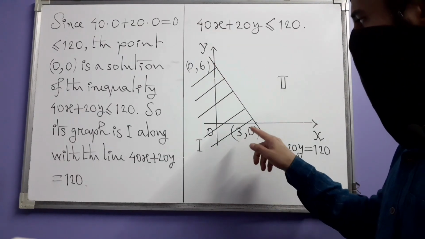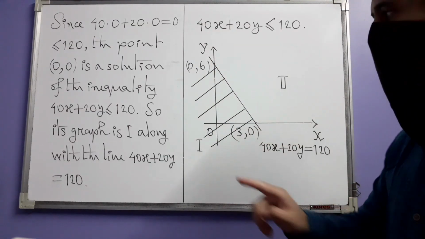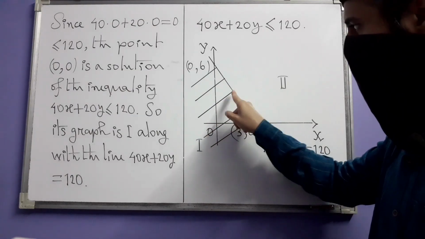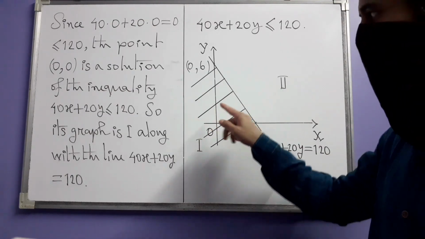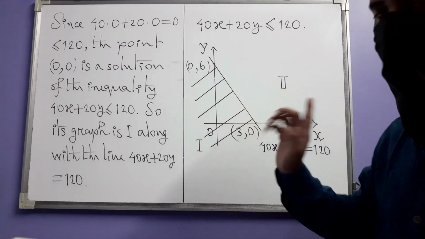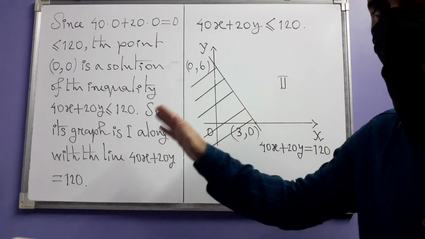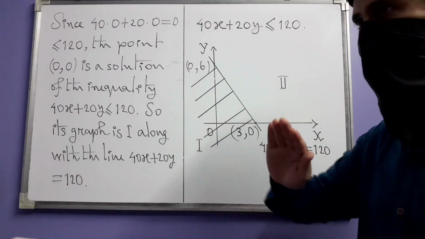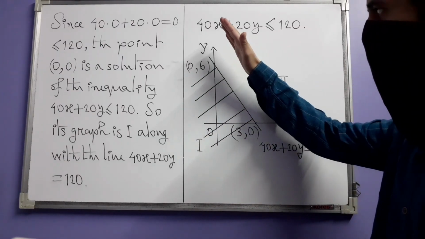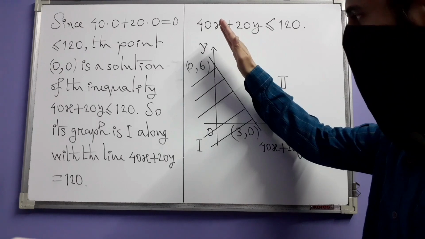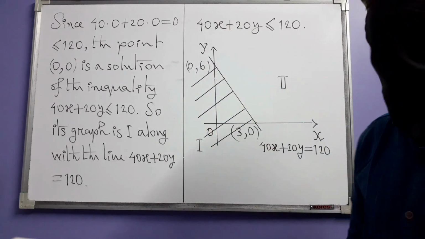And to indicate the fact that the line is also included, we have made these lines touch the line. Otherwise, we would just stop short of touching that line. These lines would have to be drawn in a way that they just don't touch the line, but they indicate that we are only considering the points strictly below the line.